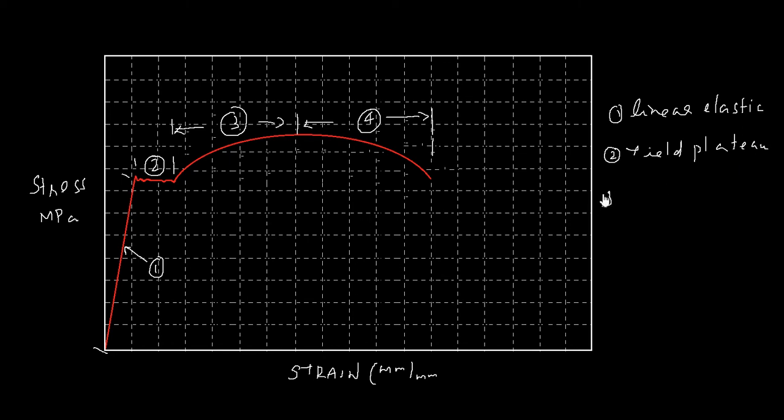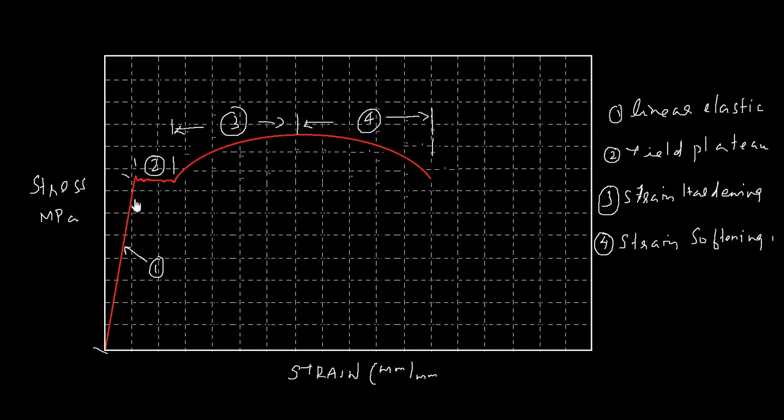And third is called the strain hardening region. And the fourth is called strain softening. So these are the 4 regions in a stress-strain diagram.